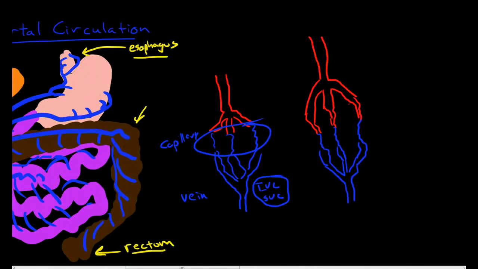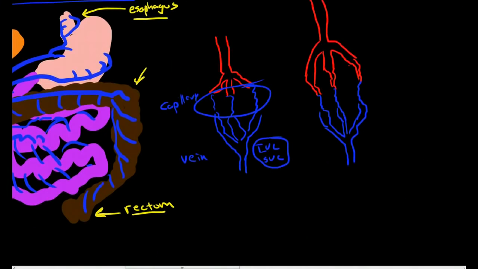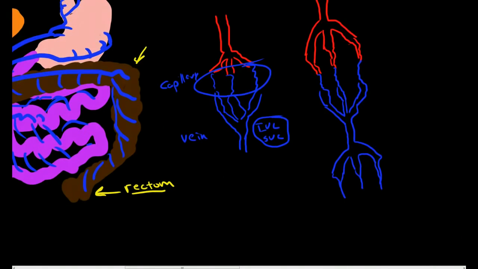And then the portal vein breaks up again into venules, and there's a whole second capillary bed here. And then that second capillary bed opens up into veins again, and then the second capillary bed drains into the inferior vena cava.